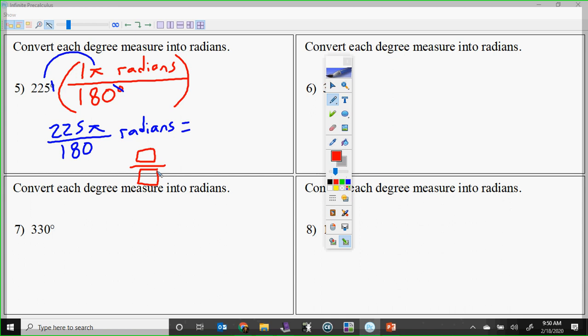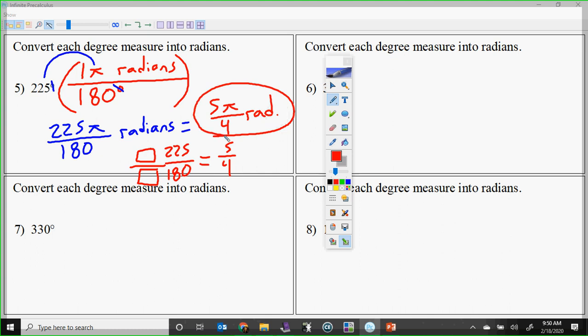If you want to be faster about this, put in 225 over 180, and it'll simplify it for you. Don't put pi in it, it doesn't know what to do with the pi. We're just going to tack the pi in. So that simplifies to 5 over 4. So my answer is going to be 5 pi over 4 radians. And I'm just going to shorten radians to RAD.